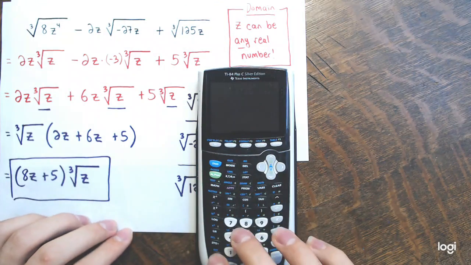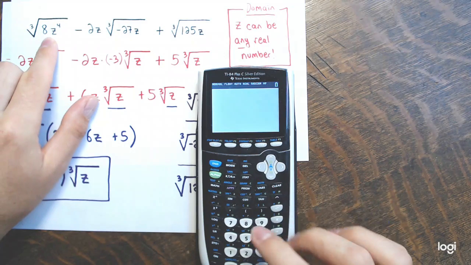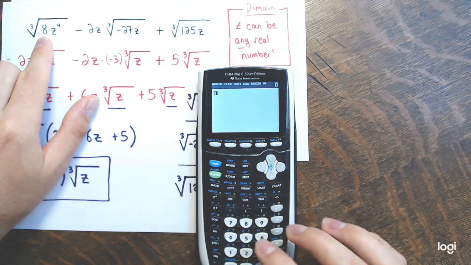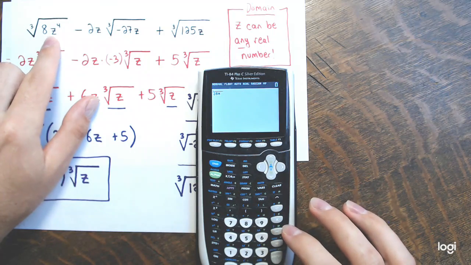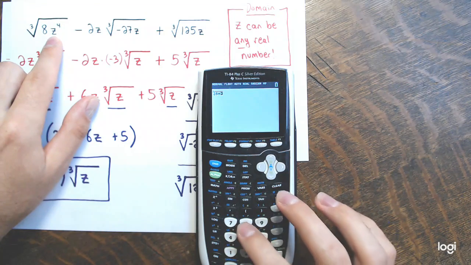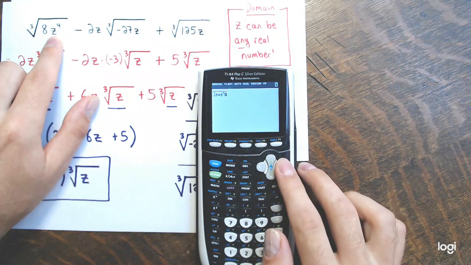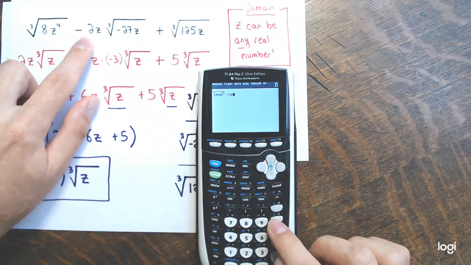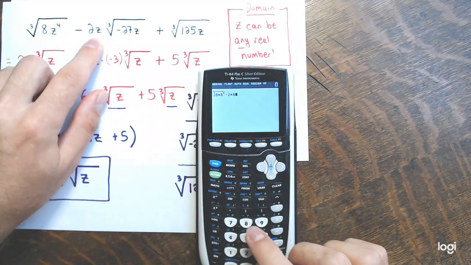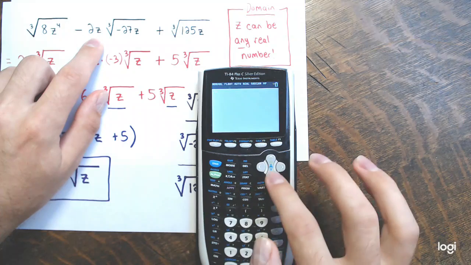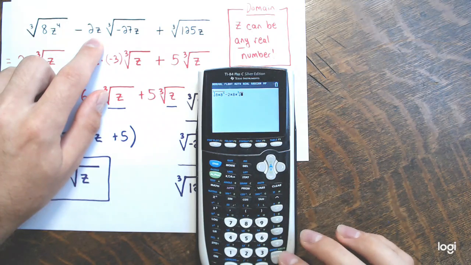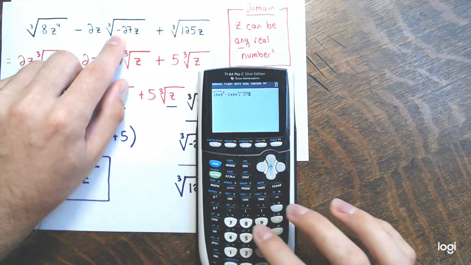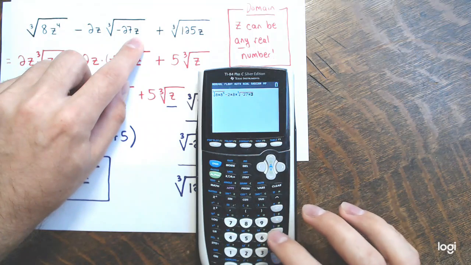All right. So the original expression, I have the cube root of 8 times, and I'm having z be 8, so 8 to the 4th power in there. Then outside that we got minus 2 times z, so 2 times 8 times the cube root of, and then inside that second cube root, negative 27 times z, but I'm having z be 8.